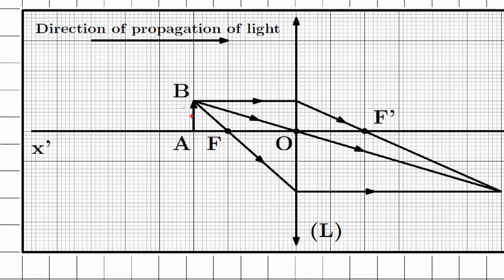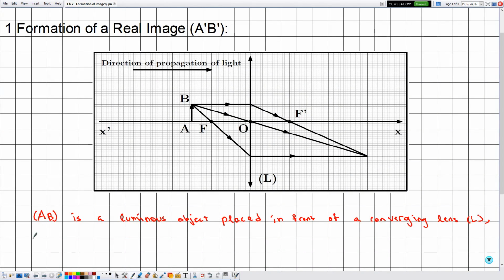And the object AB is perpendicular to the optical axis at the point A. So let's say perpendicular to its optical axis, x prime x, at A.